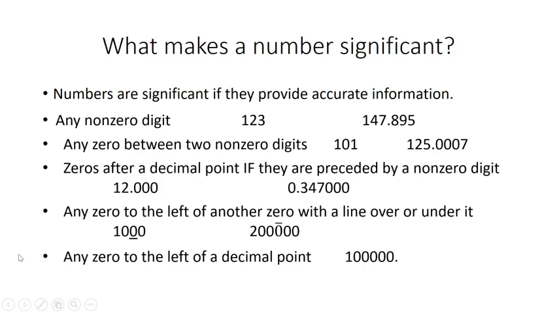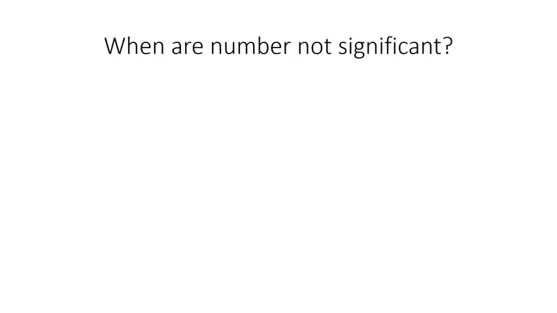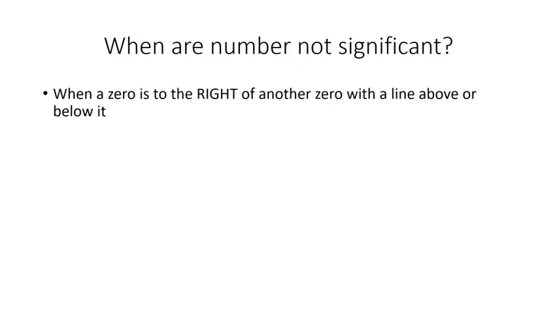Okay, so those are the rules for zeros being significant. Now, when are numbers not significant? When a zero is to the right of another zero with a line above or below it, like we saw on the previous page. So these zeros are not significant.